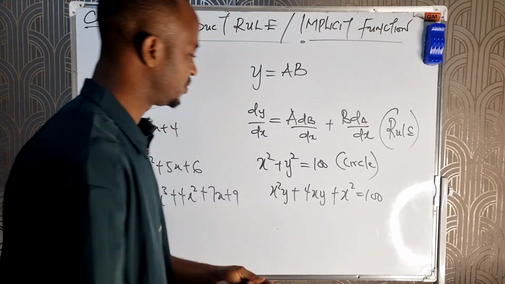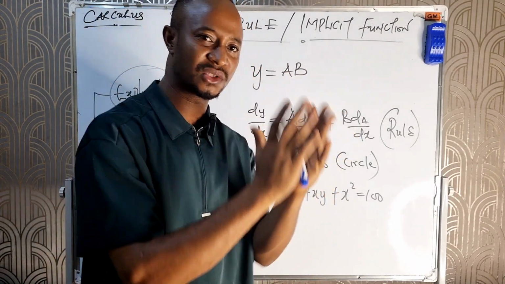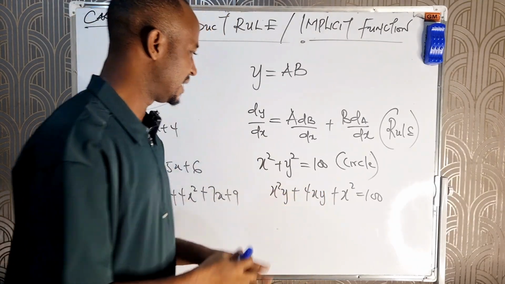But in this other case, both x and y are clustered together. None of them is acting as the subject of the function. They are just together, like we just saw.